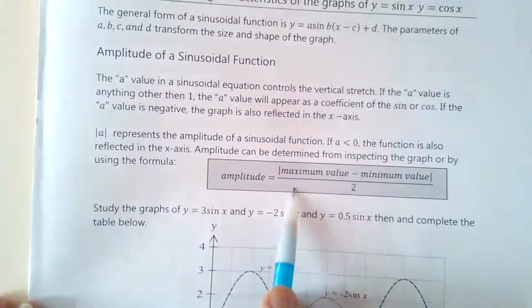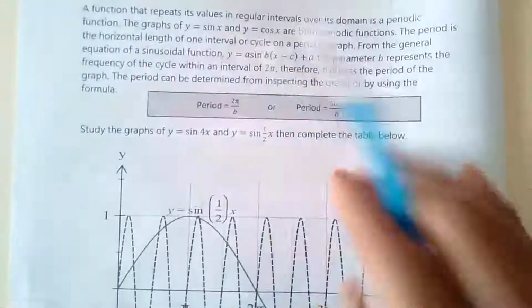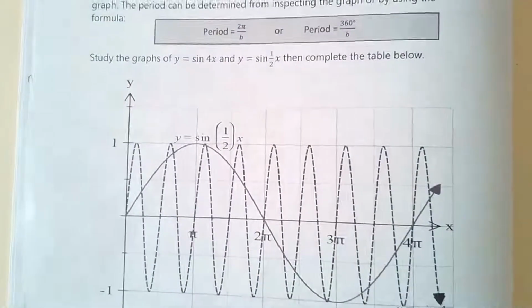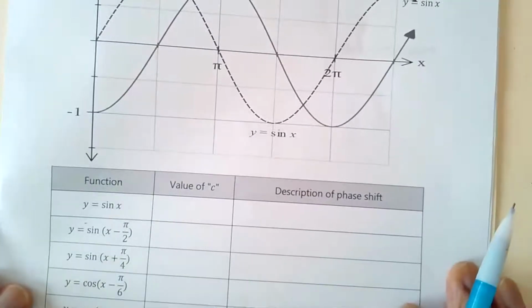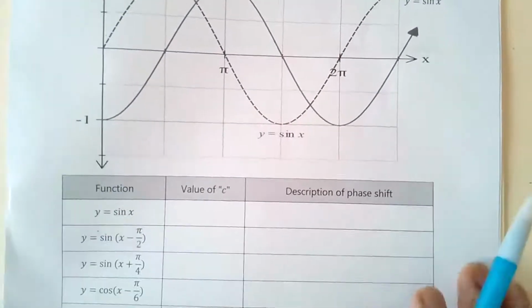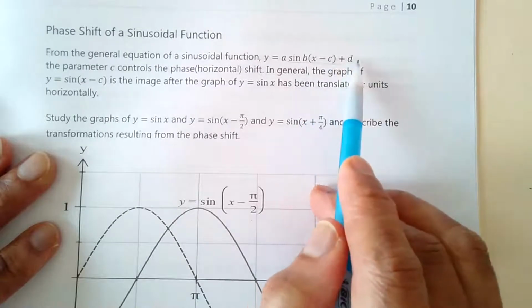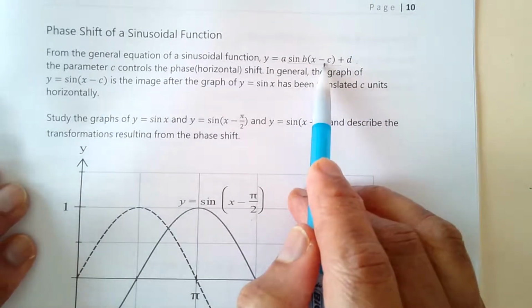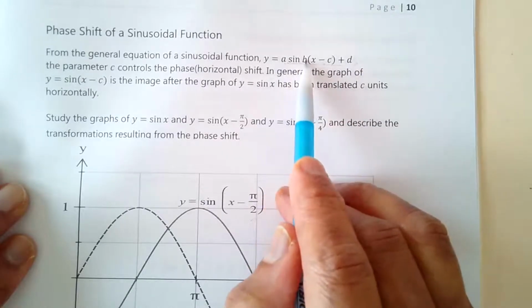So you'll use the definitions or the equation: amplitude, period, and that will give you the range. And then we did a phase shift. The phase shift is the C component of the standard equation. So you're looking at the standard equation, the phase shift, meaning the horizontal shift, the vertical shift, amplitude, and this is your compression.